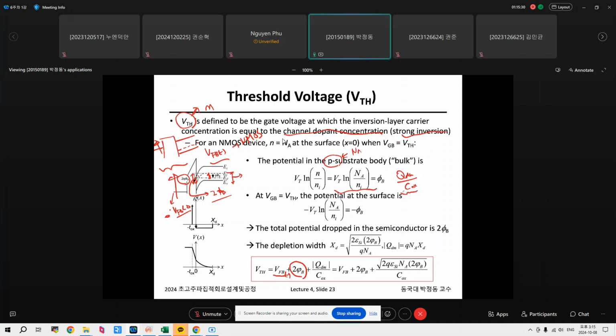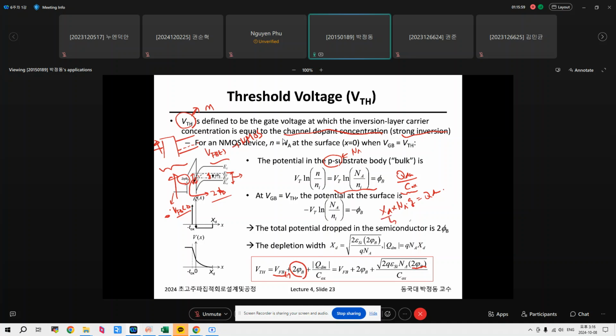So the built-in potential is 2 phi b at the surface. So XD multiplied by Na multiplied by Q is the Q depleted.